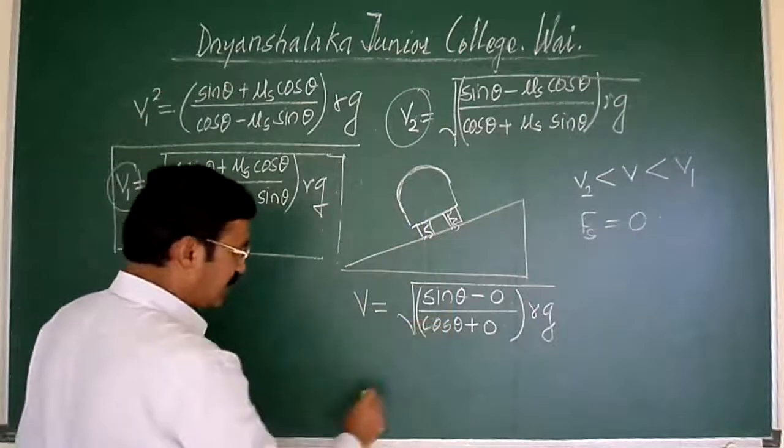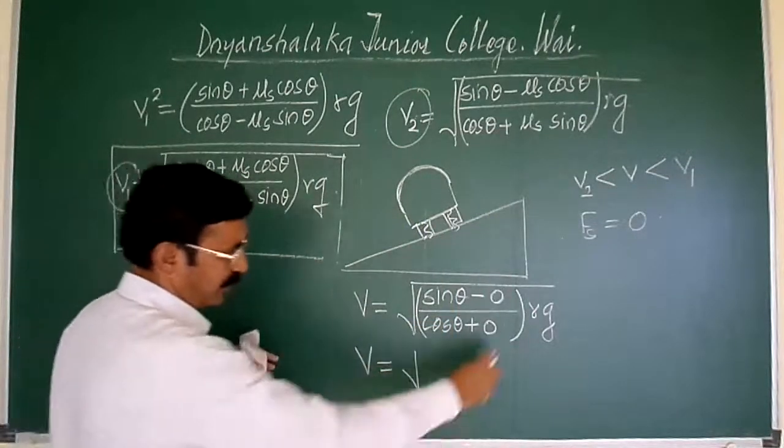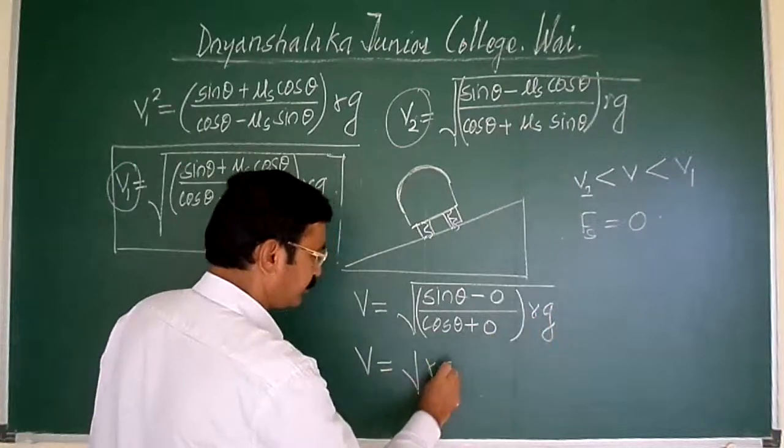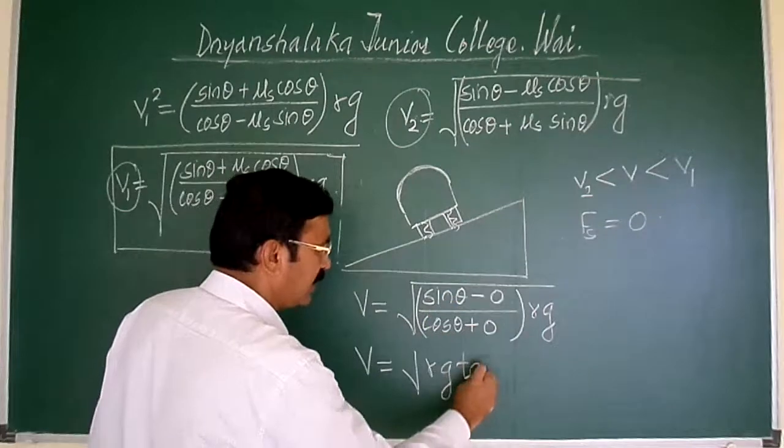So the expression becomes V is equal to root of Rg, sin theta upon cos theta, which is going to become tan theta.